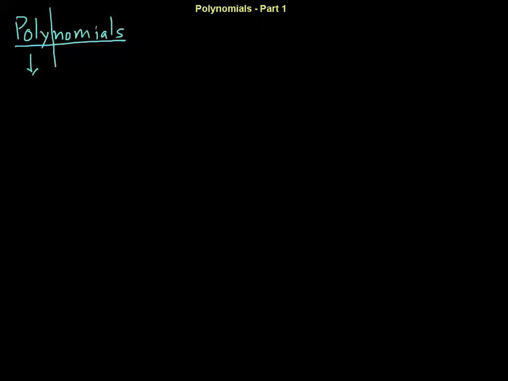Poly basically represents many, and nomial represents term. In other words, polynomial represents many terms. So this is the literal meaning of polynomial.